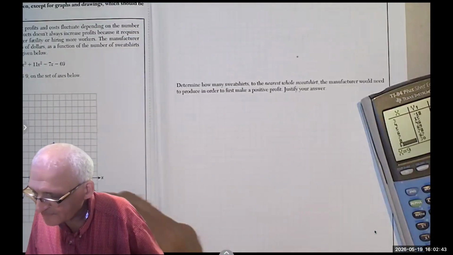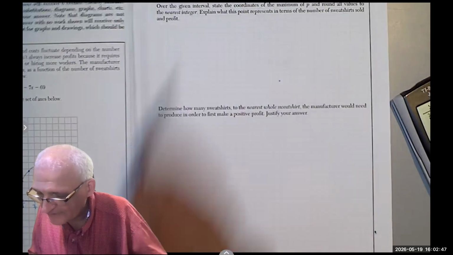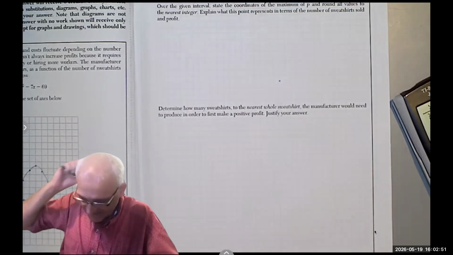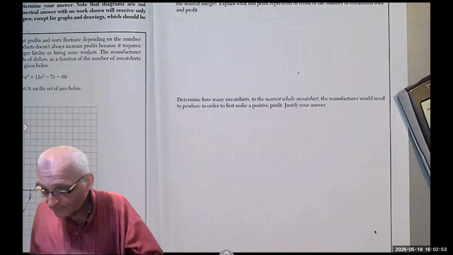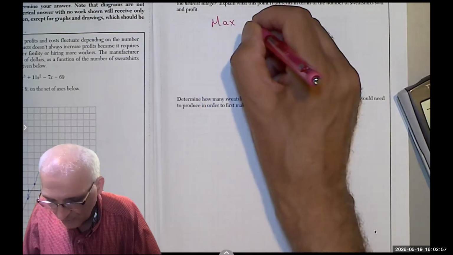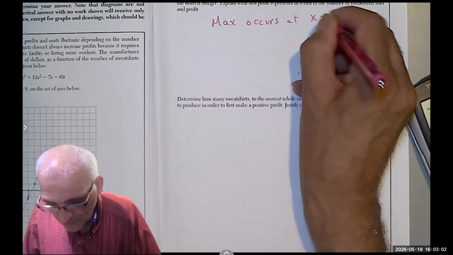Over the given interval, state the coordinates of the maximum of P and round all values to the nearest integer. Maximum of P looks like it's at 7, right? So the maximum occurs at x equals 7.